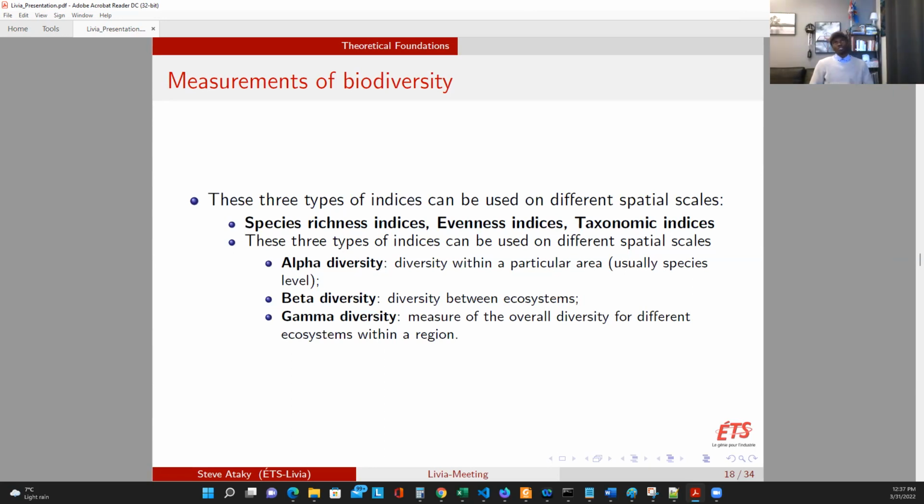Alpha diversity refers to the diversity within a particular area, community, or ecosystem, usually at the species level. Beta diversity is the diversity between ecosystems, and gamma diversity is a measure of the overall diversity for different ecosystems within a region.